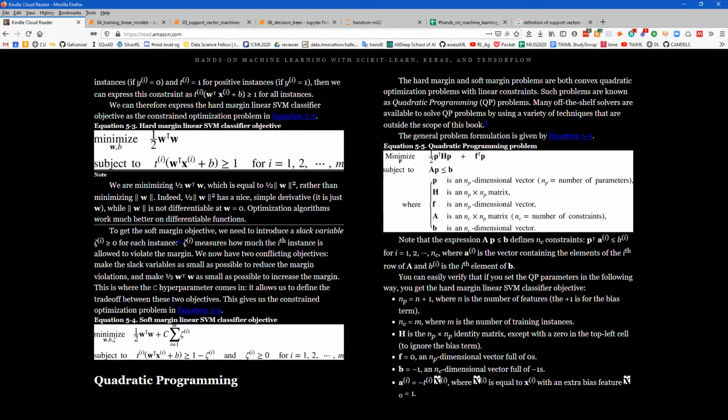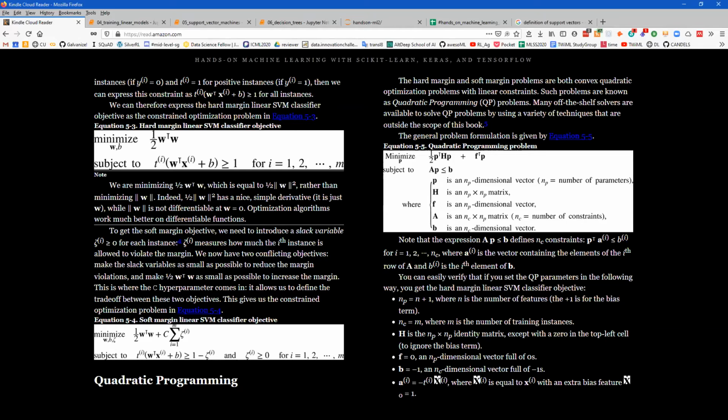Sorry, narrower streets would be more regularization, and allowing margin violations is also more regularization. If you allow lots of margin violations, then you're allowing a very sloppy solution, and so that's regularizing, right? Right.